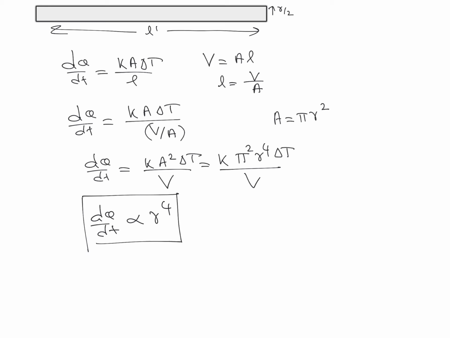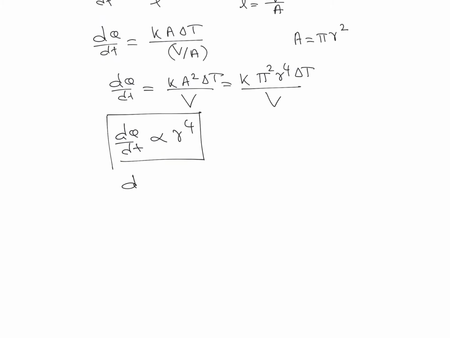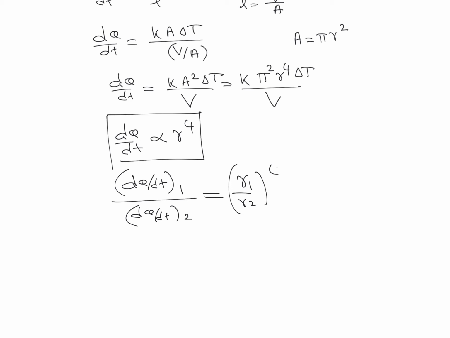Now we can identify the relation between them: dQ by dt in the first situation divided by dQ by dt in the second situation is equal to r1 divided by r2 raised to 4. dQ by dt in the first situation is Q, and in the second situation we need to find out, writing it as Q dash.